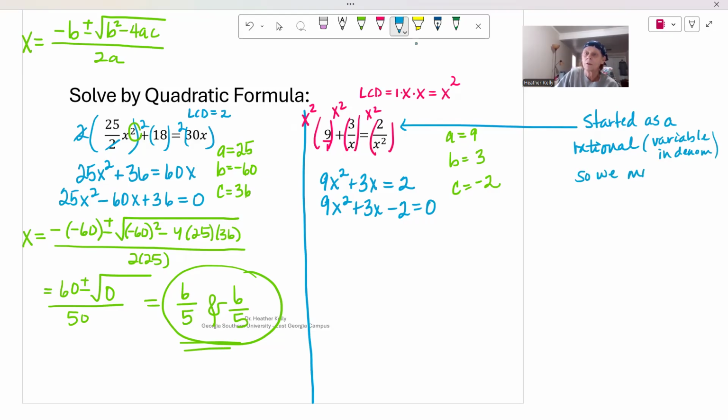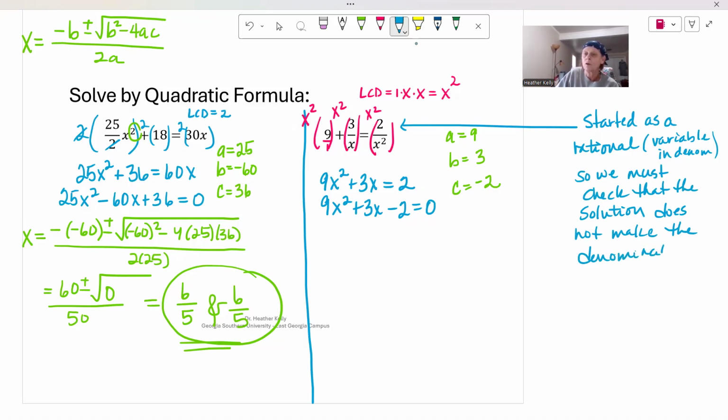So we must check that the solution does not make the denominator 0.